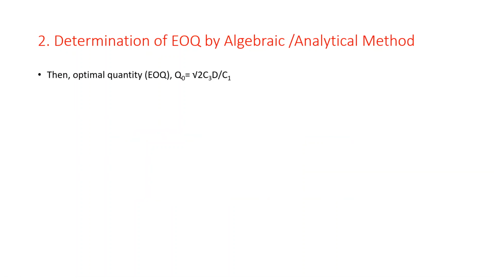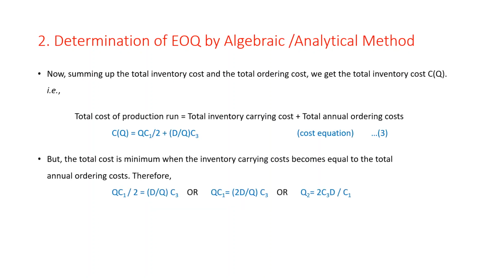So to find the optimal quantity for the EOQ, we get Q0 equal to the root of 2C3D divided by C1. Here we get the optimal quantity based on this equation.